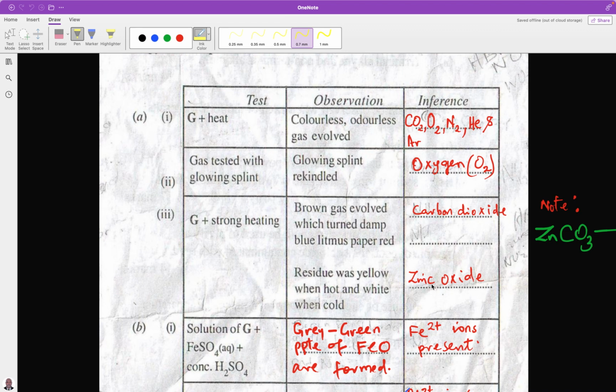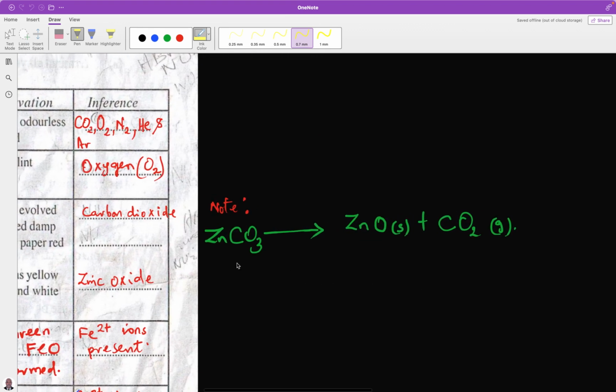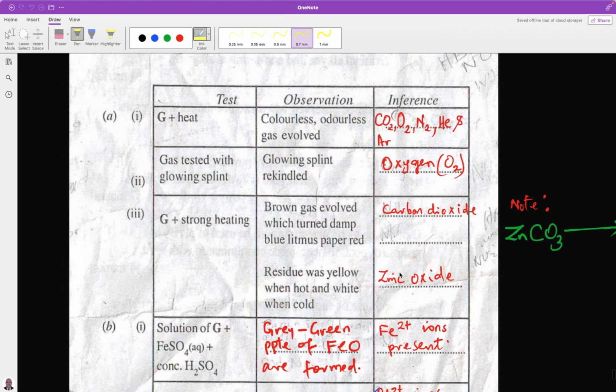For instance, when zinc carbonate is heated strongly, a gas is produced and zinc oxide is formed. It is yellow when hot and white when cold. So the identity of the residue is zinc oxide.